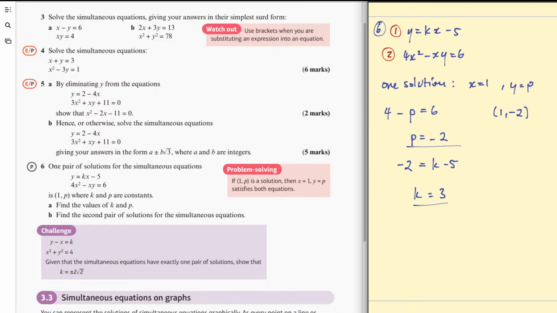So this first equation becomes y equals 3x take 5. This is part B. And then I substitute that into the second equation. So this is 4x squared take x times 3x take 5 is equal to 6.